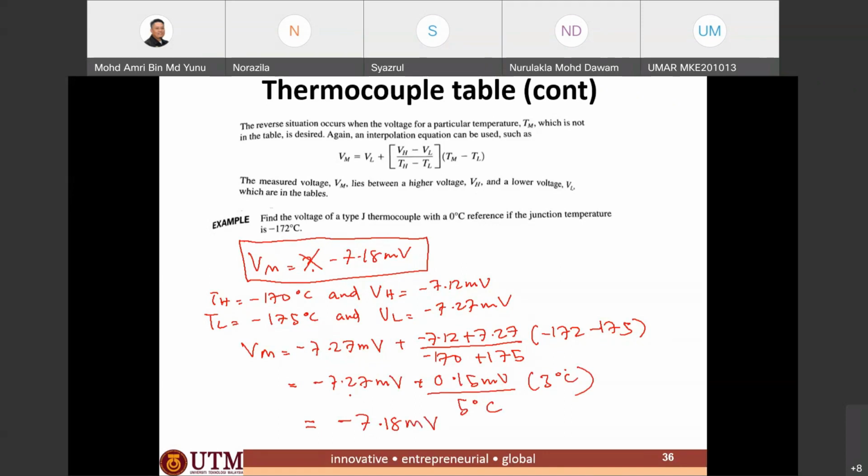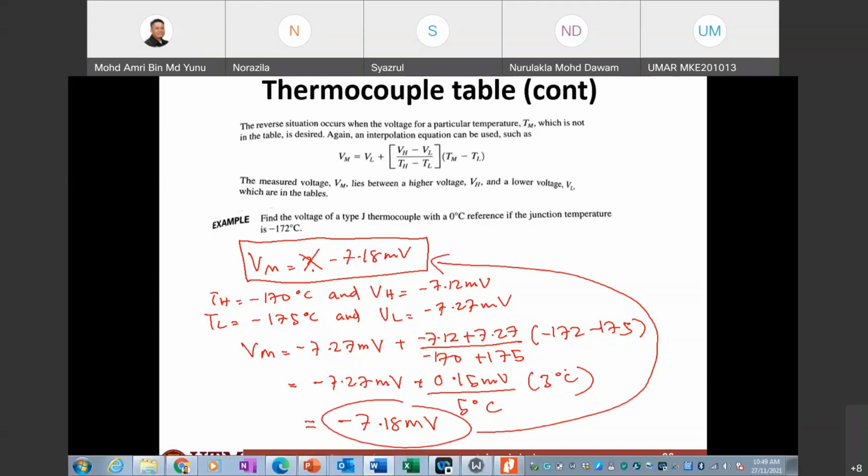In my calculation, I get negative 0.18 millivolt, which is the same as on the table. So this proves that this interpolation equation can be used if the value on the table is not available.